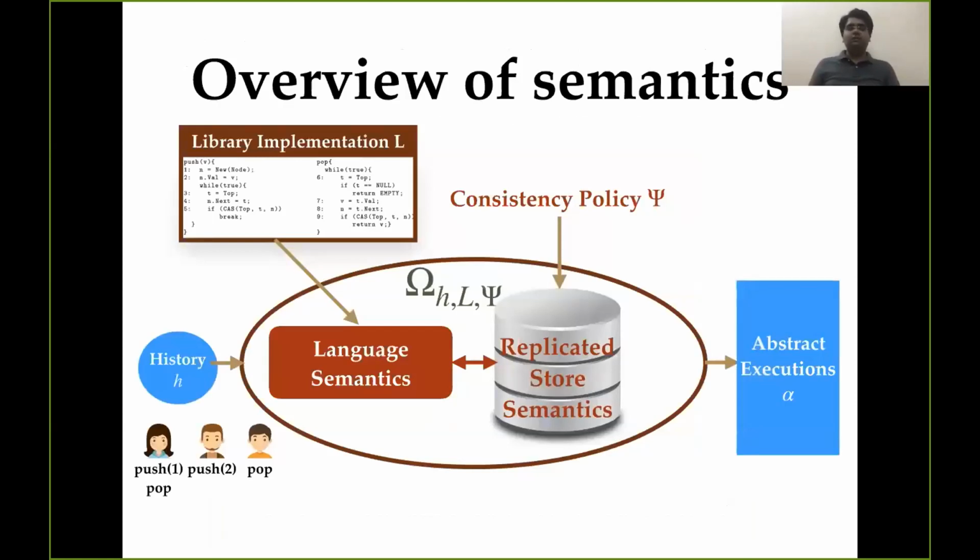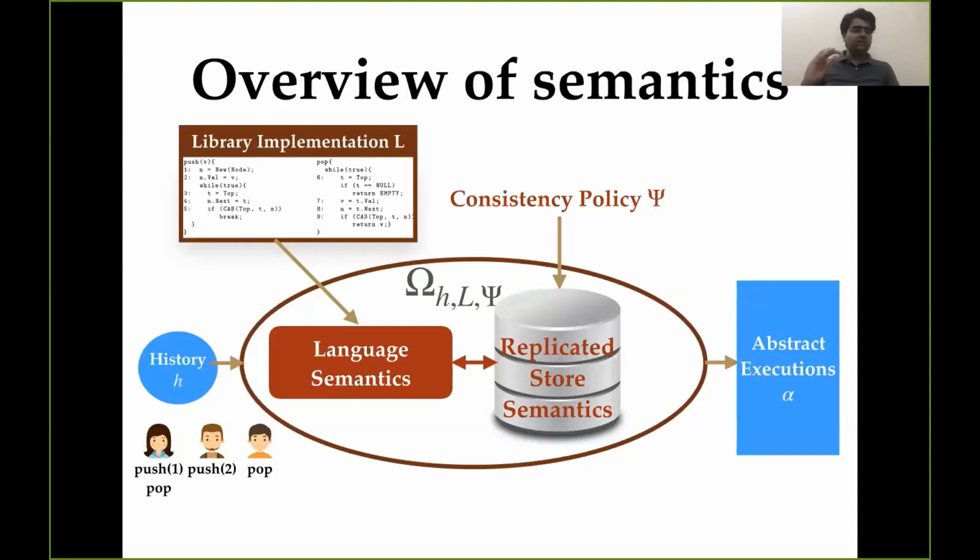Our semantics is presented as a transition system omega. It's parameterized by H, L, and psi. The history H is basically a mapping from clients or sessions to a sequence of invocations. L is the library implementation, and the consistency policy is psi. We break our semantics into language semantics and the replicated store semantics, which must both agree on the underlying low-level read and write events.